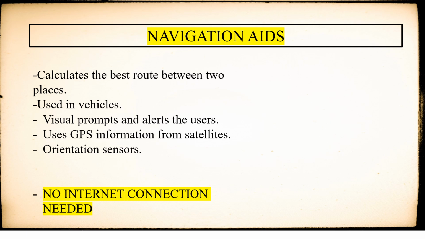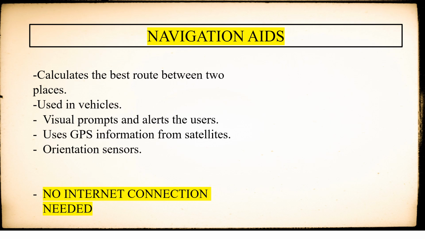That means we don't need an internet connection to use navigation aids. But to know the map, or to know the speed exactly, we might need the internet, but the basic service is not dependent on the internet.